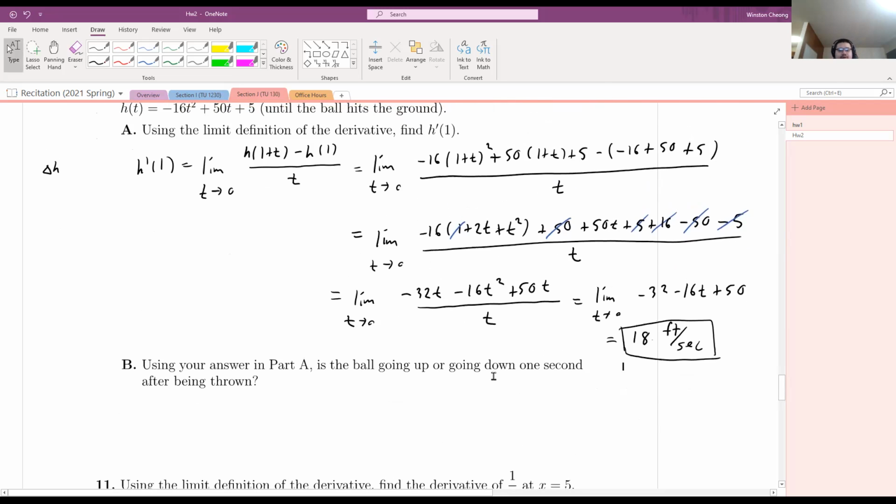And for part B, this is a conceptual question, so I can actually ask you guys this. Given what we computed in part A, we found that h prime of 1 is 18 feet per second. So is the ball going up or going down according to this? If you want, you can message this in chat.